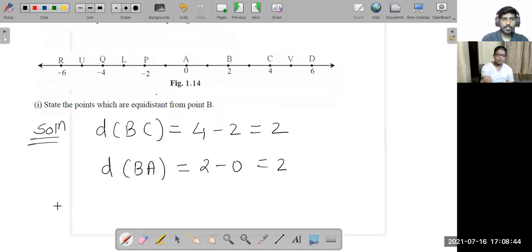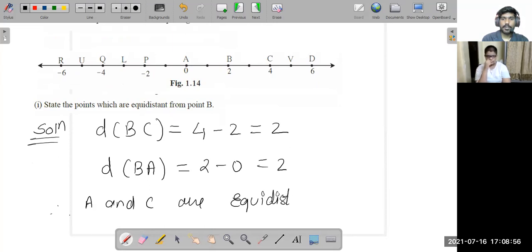Yes. So therefore, A and C are equidistant from point B. Are there any more points that are equidistant from point B?